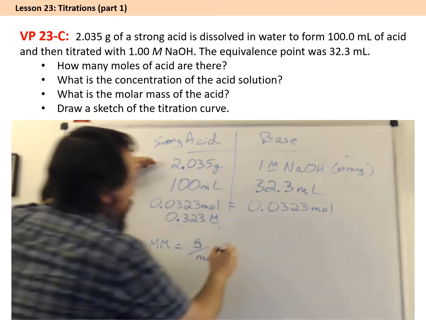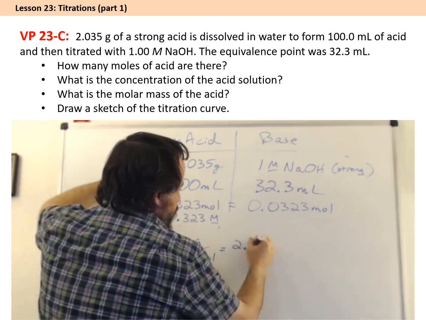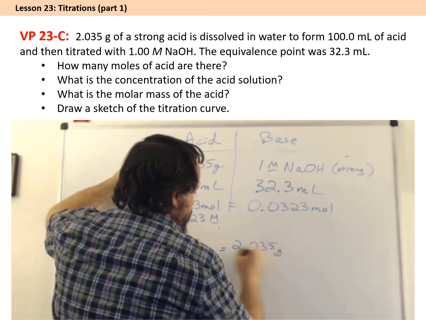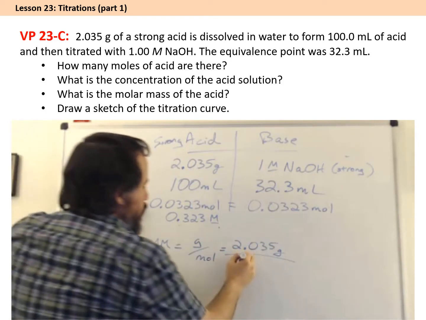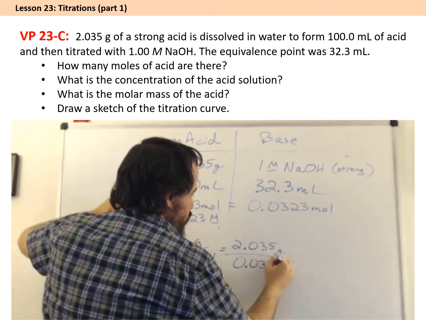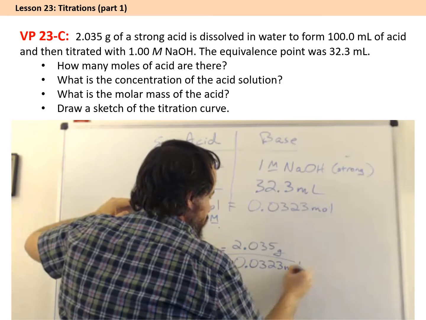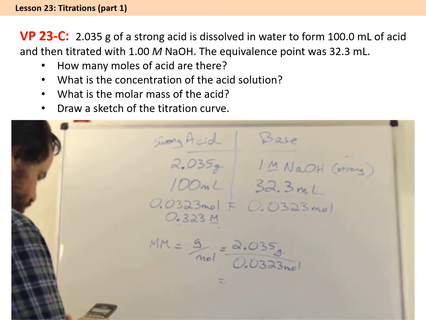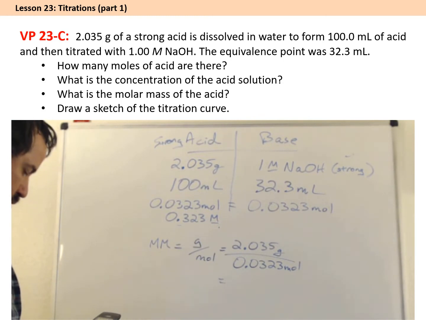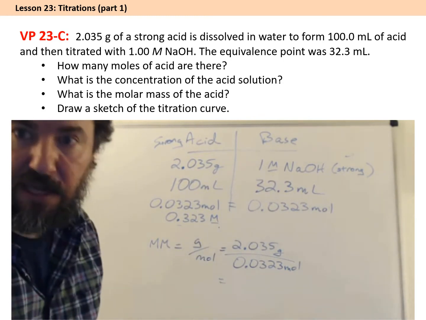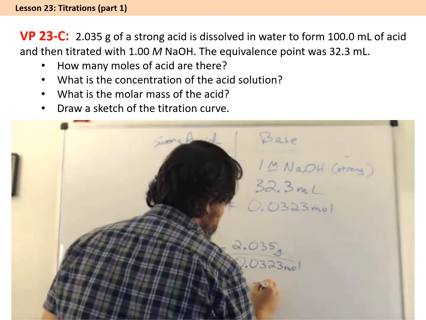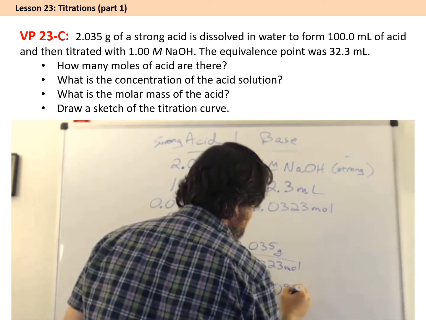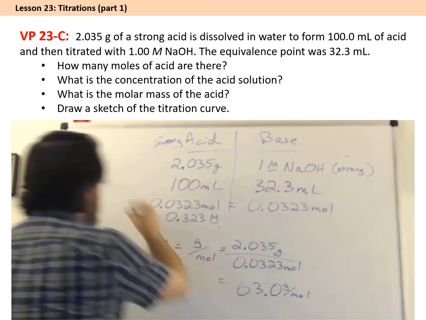So I have 2.035 grams over 0.0323 moles, and that's going to get me my molar mass. 63.0 grams per mole.